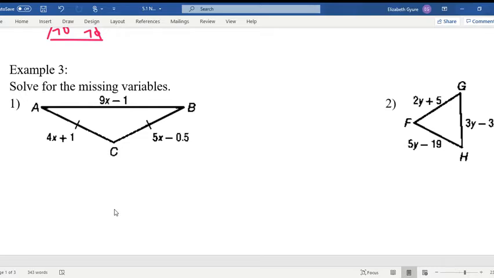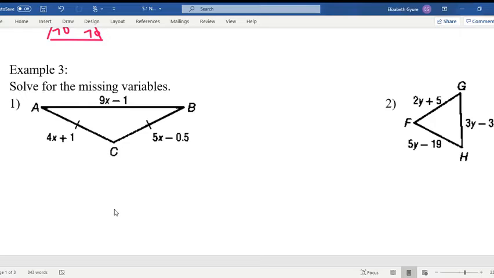Evelyn? What about the sides? Not scalene. Linus, did you have an idea? It's obtuse isosceles. Now, the obtuse part, not a huge deal here, because do we have any angles labeled anyway?